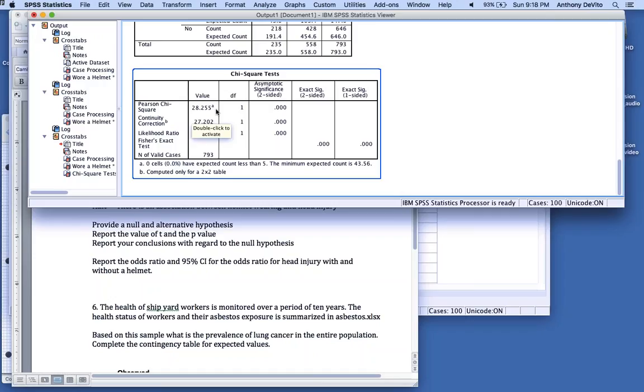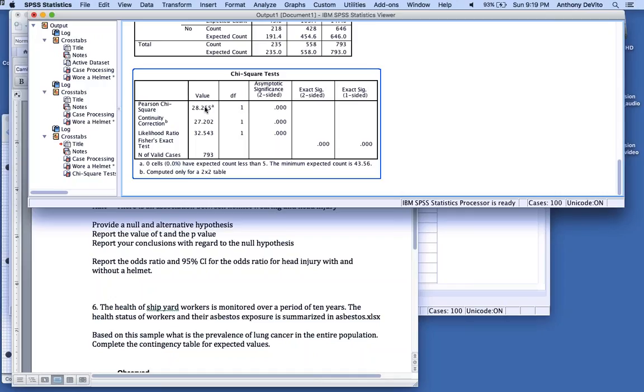Now, the number of degrees of freedom depends on how many boxes we're dealing with in our crosstabs. If we were dealing with a table that had 2 rows by 4 columns, you can imagine the chi-square value, just by nature of having those extra columns, is going to be bigger without affecting the risk of rejecting the null hypothesis.